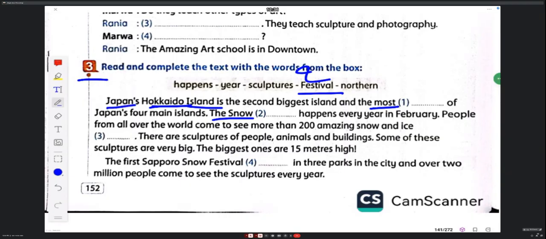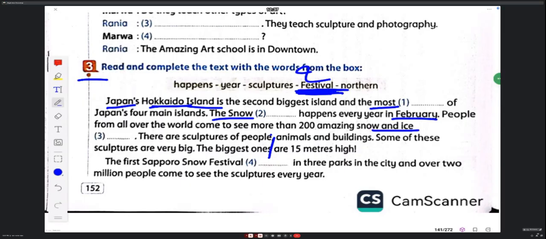Every year in February, I think, they have a festival to make sculptures of ice or snow. Young people go to make sculptures from snow. This is known as the Sapporo Festival. The snow festival happens every year in February.